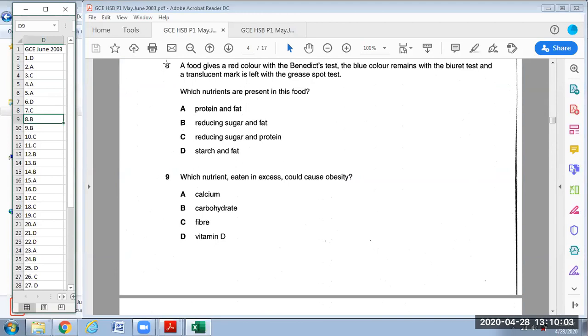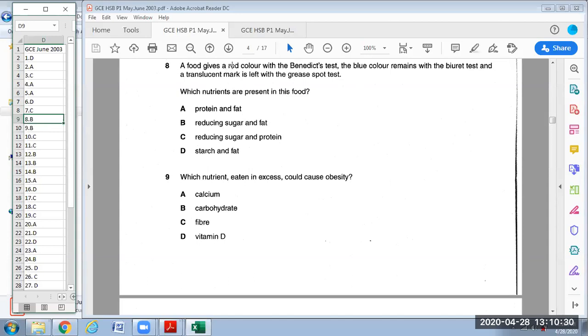A food gets a red color in the Benedict's test. The blue color remains with the Biuret test, and a translucent mark is left with the grease spot test. Which nutrients are present in the food? A, protein. Sorry, 8 is B because look at it. Benedict test, it turned red.